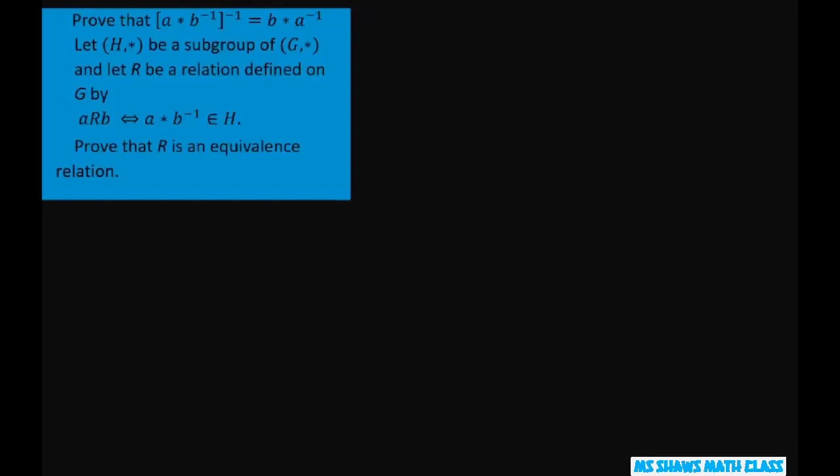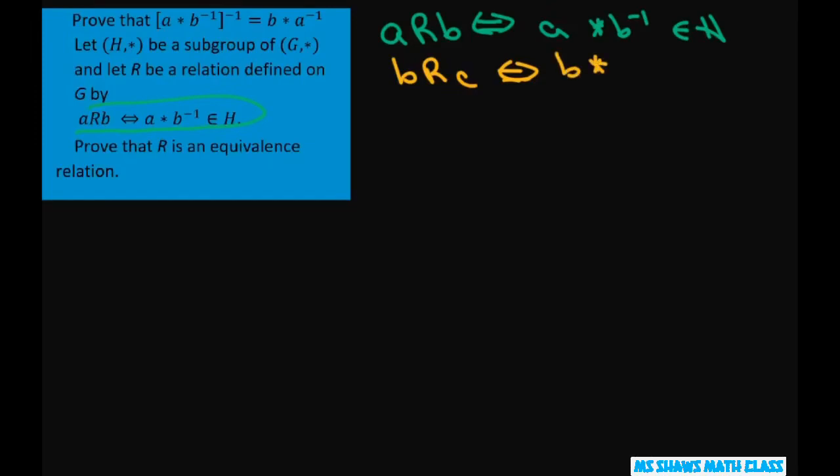Okay, and then for the last one, we want to prove transitivity. So we have A R B if and only if A star B inverse belongs to H, and then we have to add B R C if and only if B star C inverse belongs to our subgroup H. So then we have A star B inverse star B star C inverse.